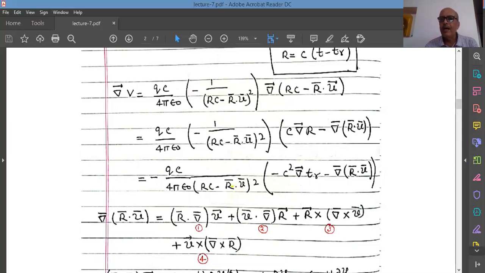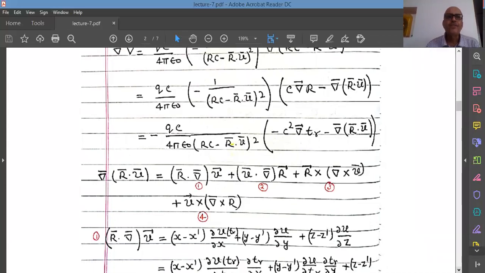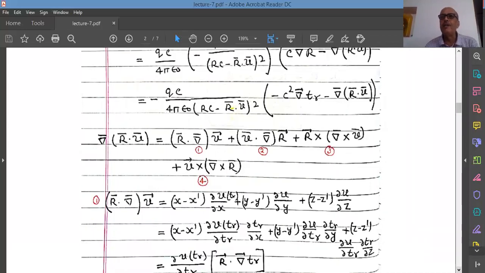Now I will make use of the formula, that is formula number 4 given in Griffiths. I have already told you that we will make use of it several times in the course. So, gradient of A dot B formula: gradient of A dot B is A dot del into B plus B dot del into A plus A cross del cross B plus B cross del cross A. For our convenience, I have written them as term number 1, term number 2, term number 3 and term number 4.